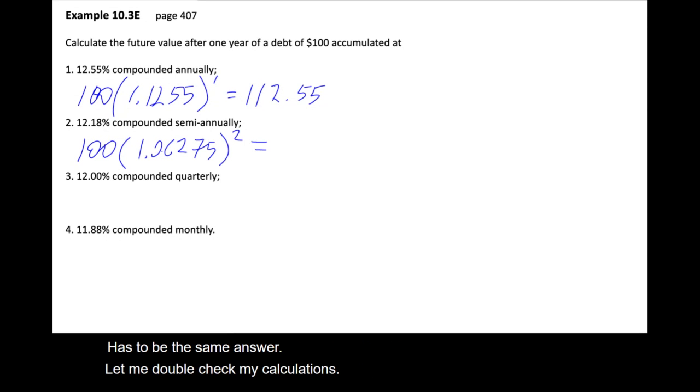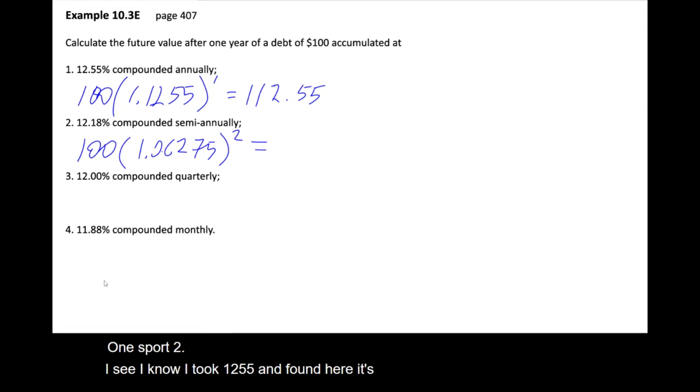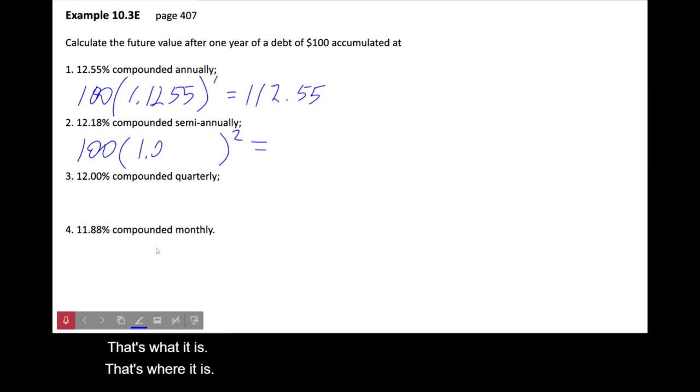Okay, plus 1 exponent 2. Oh, I see. I know. I took 1255 and found here it's 1218. That's what it is.